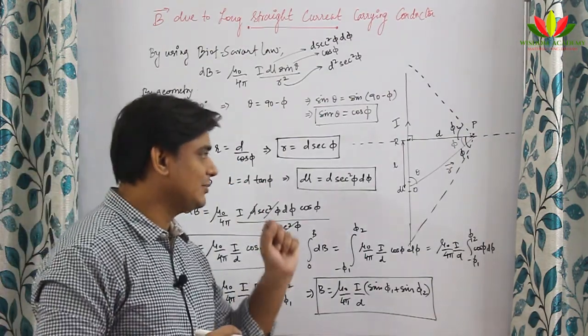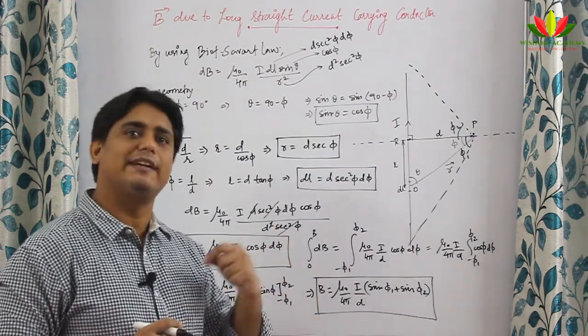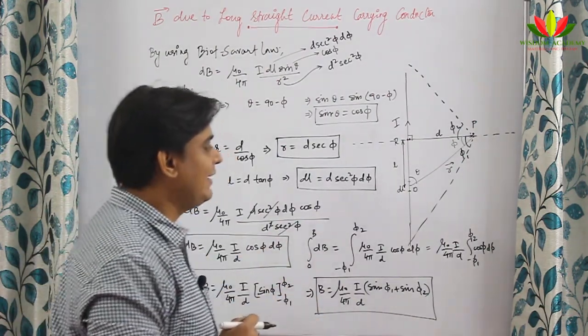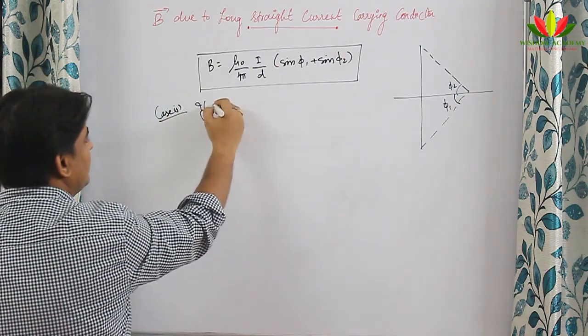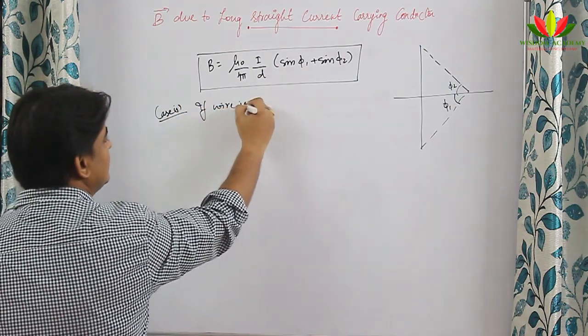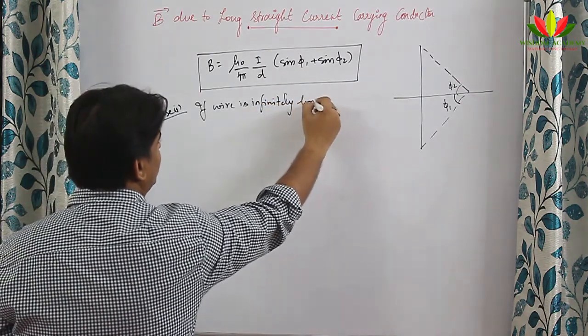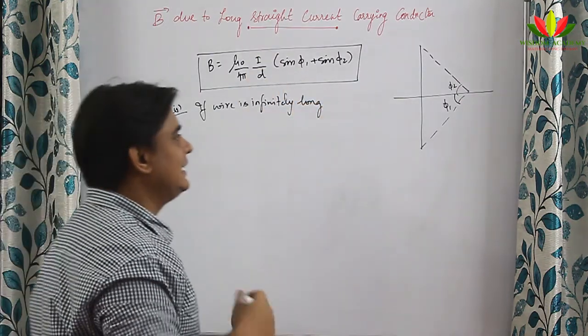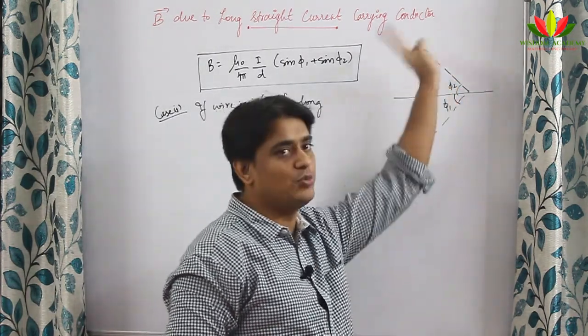Now there are two possibilities. First possibility, I will assume the wire to be infinitely long. So if the wire is infinitely long, let us see what happens. Case 1: the wire is infinitely long. If the wire is very long, then this phi 1 will tend to become 90 degrees, phi 2 will also tend to become 90 degrees.